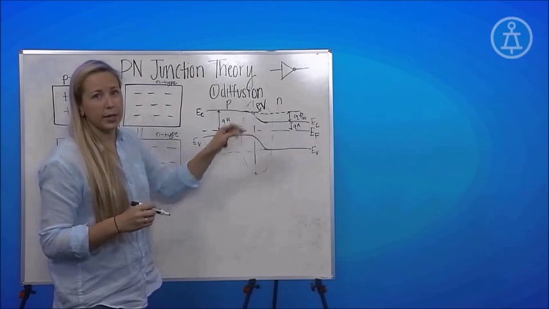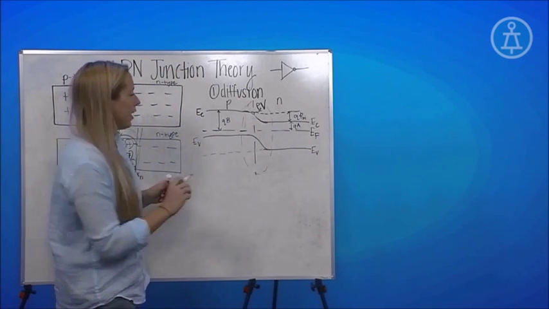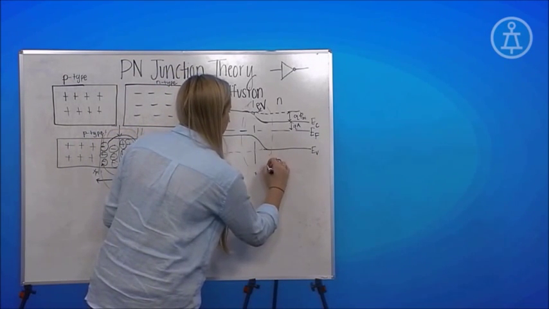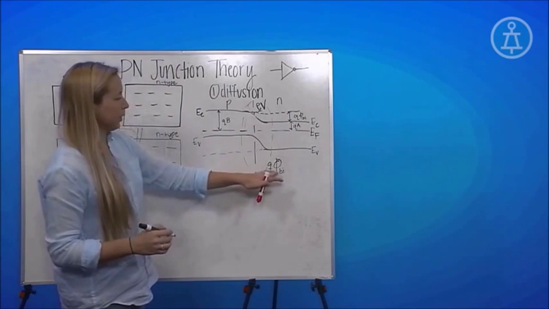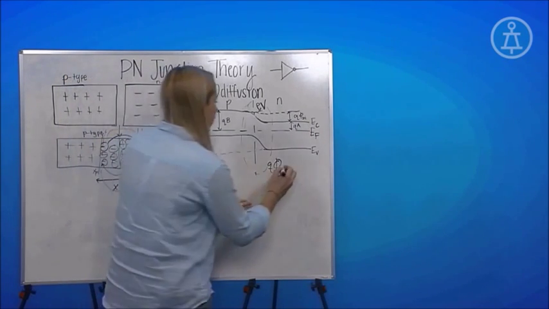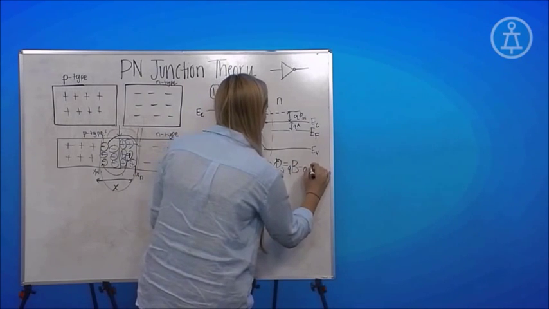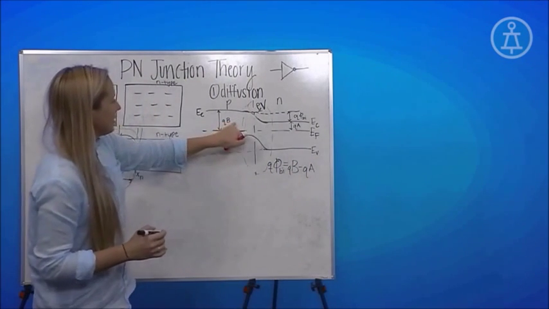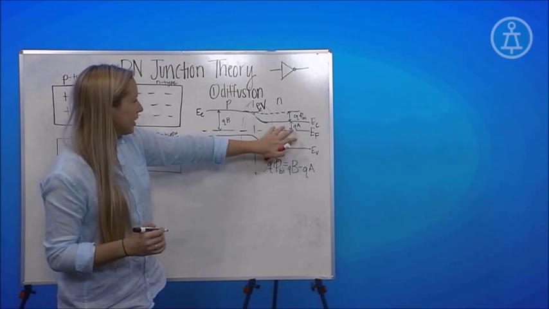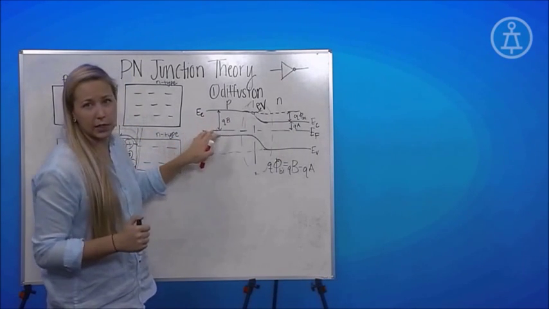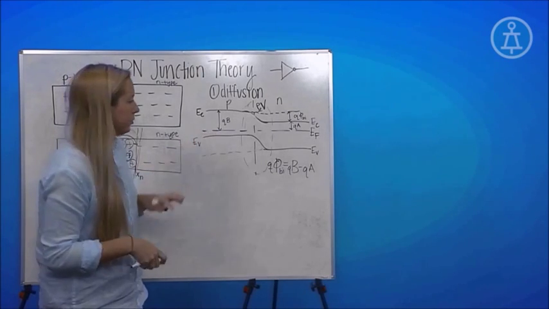And so we can use this to say that the potential of the built-in voltage is equal to the subtraction of the potential in the P-type and the potential in the N-type, with respect to the Fermi level and the conduction band.